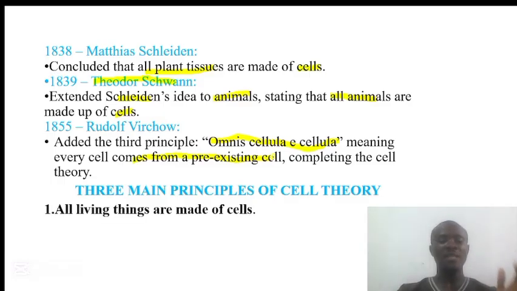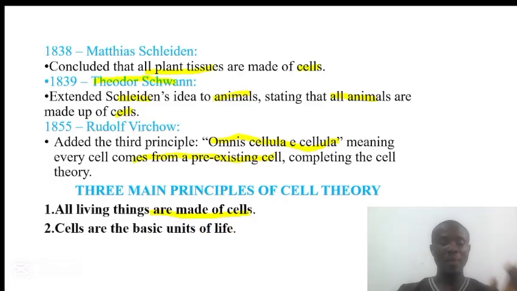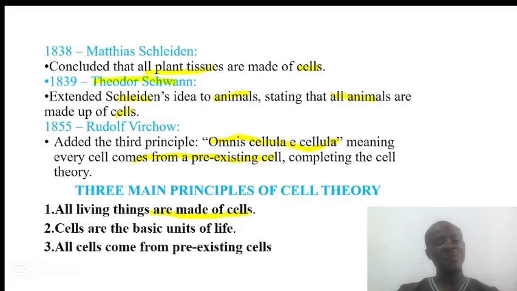The first principle: all living organisms are made up of cells. Number two, cells are the basic unit of life. And the third is that all cells came from pre-existing cells.